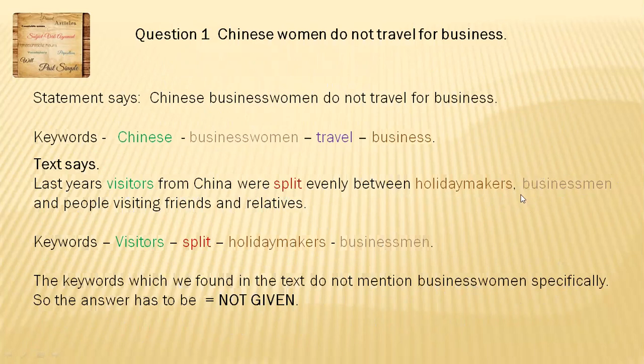It says businessmen. Often in English when we say businessmen, we are referring to businessmen and businesswomen, or we can often just be referring to businessmen, but there's no mention here of businesswomen, so it's not mentioned. We can't say yes, we can't say no because it's not there. So we have to say not given.